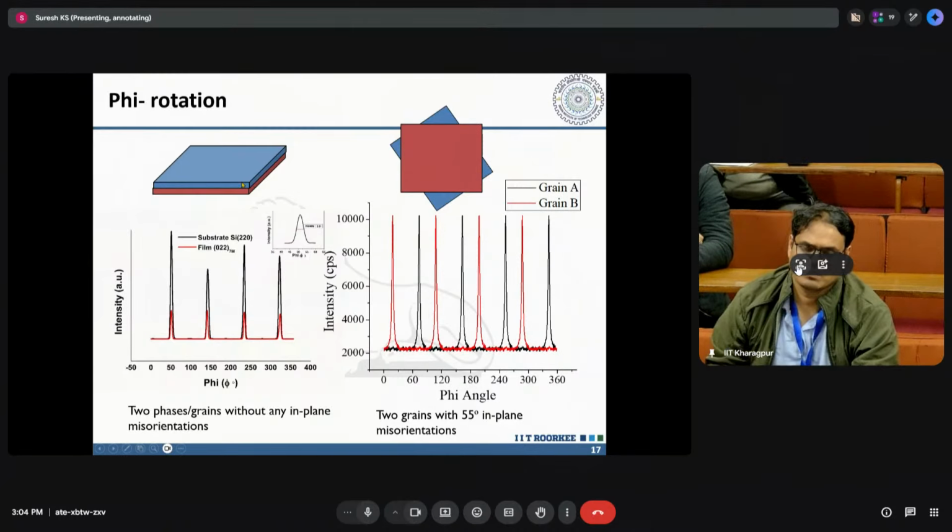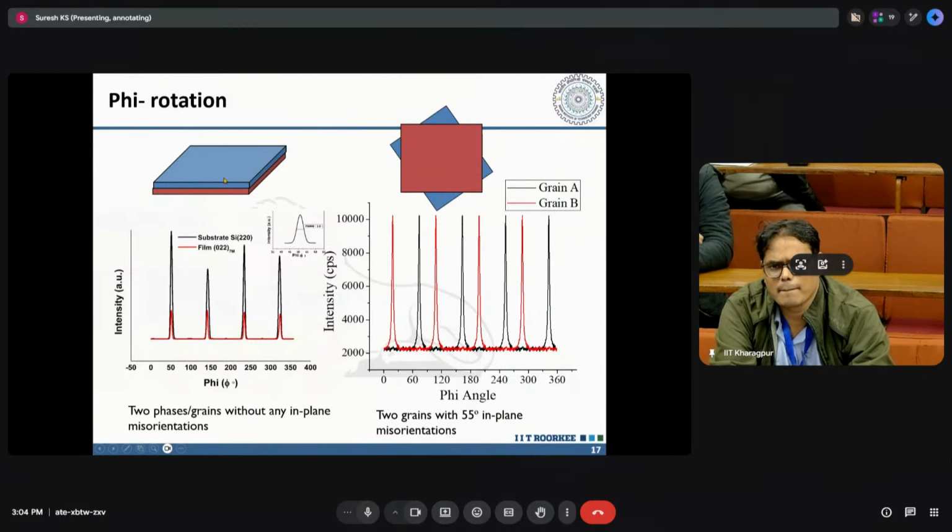Rather than rotating one of these planes, I can also tilt the plane about one of the axes, either the x-axis or y-axis.